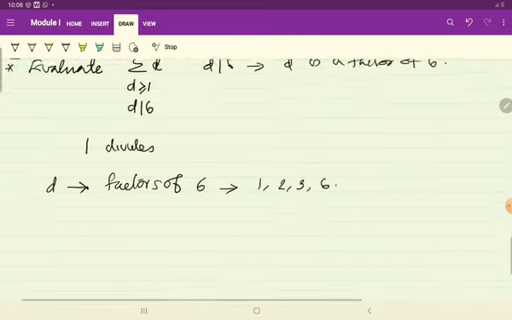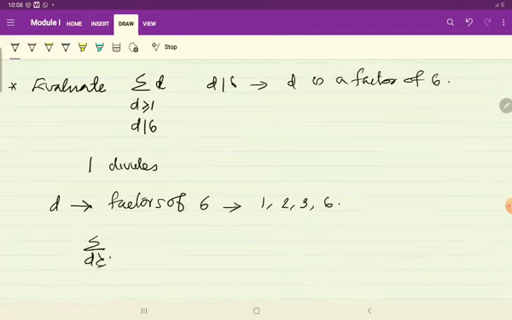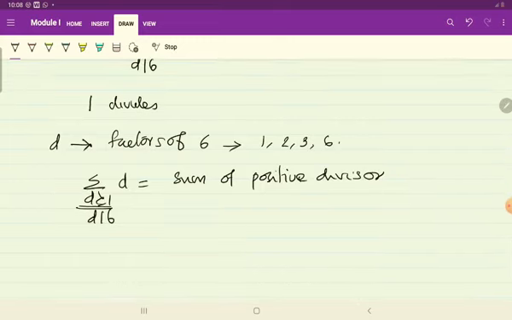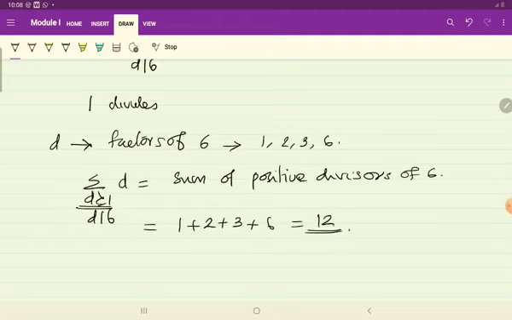So this notation means the sum of positive divisors of 6, that is 1 plus 2 plus 3 plus 6, which is equal to 12. So the answer is 12.